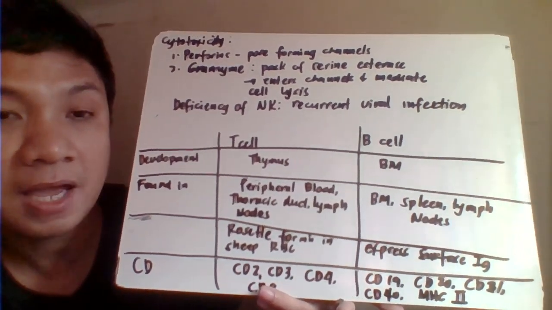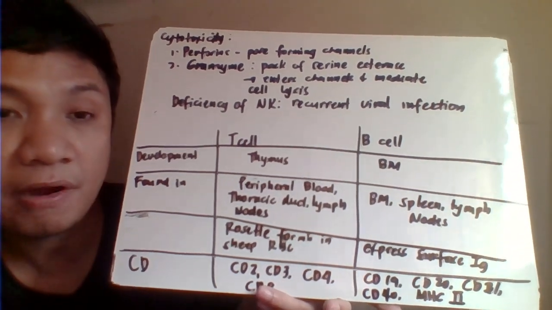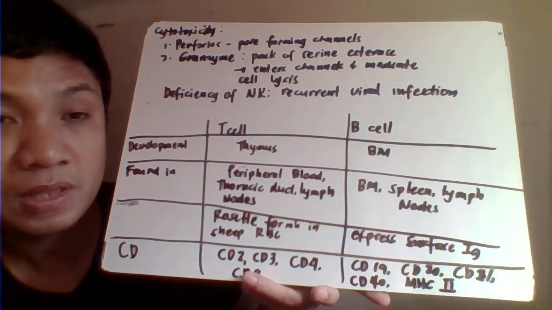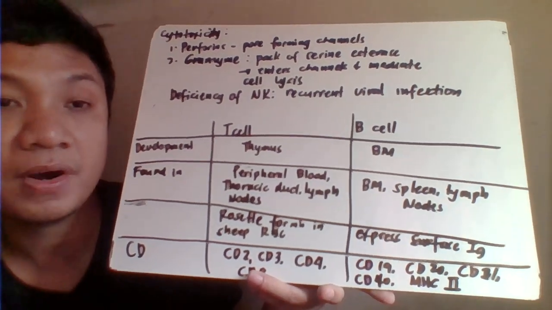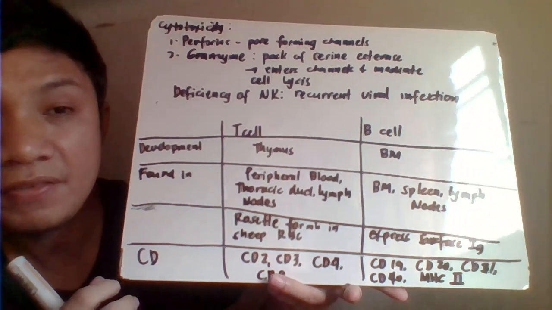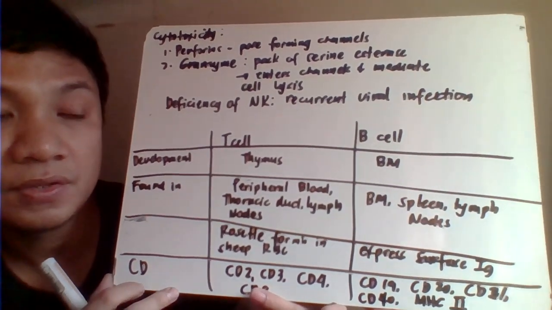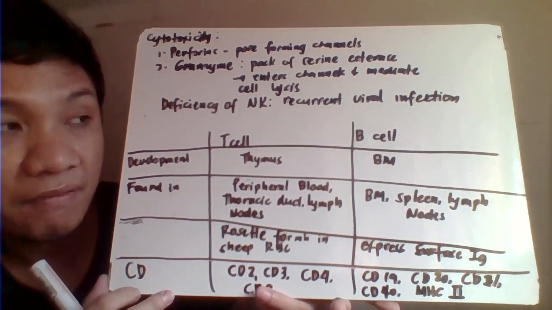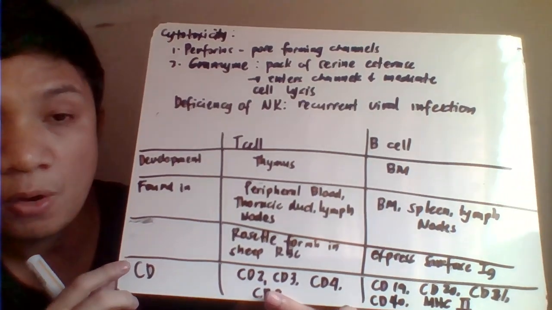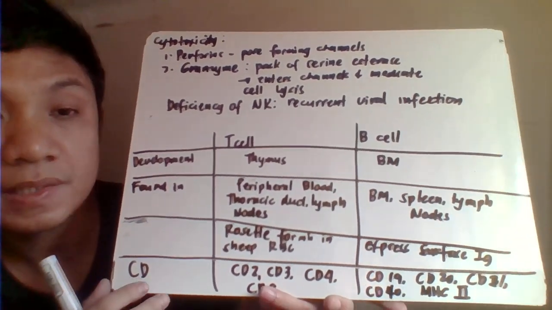This is the enzyme responsible for the lysis of your cell with respect to the cytotoxic activity of your NK. And lastly, deficiency of your NK: if the patient has a low level of NK, the patient would have recurrent viral infections. So that's how important your NK is inside our body as part of your immune system.